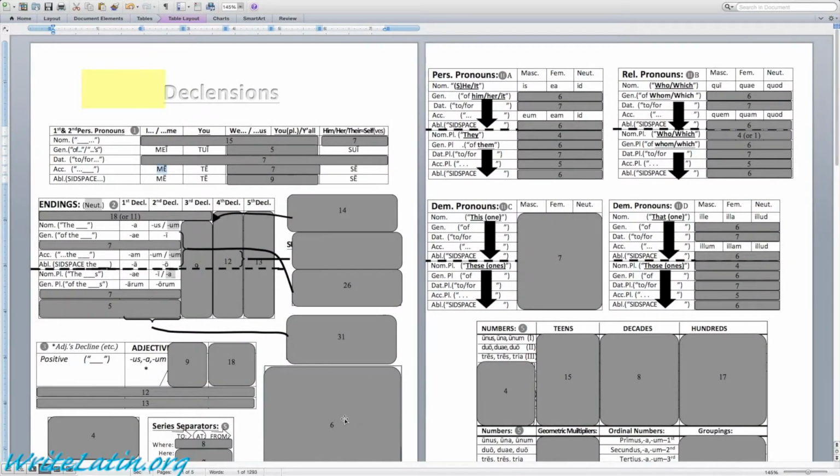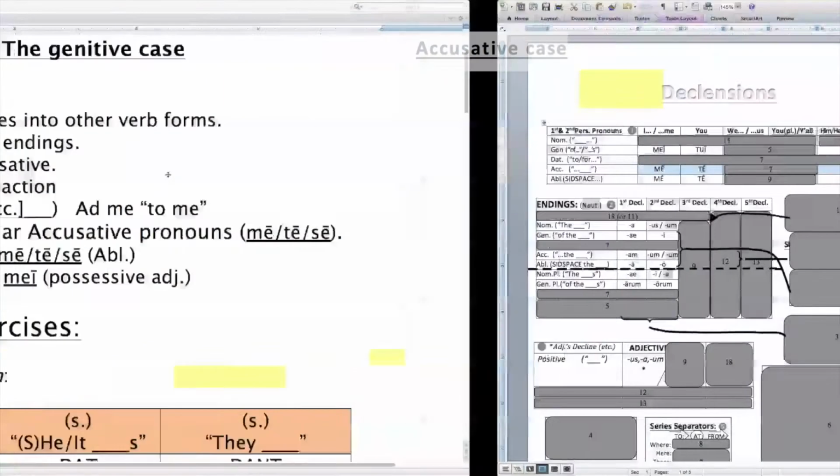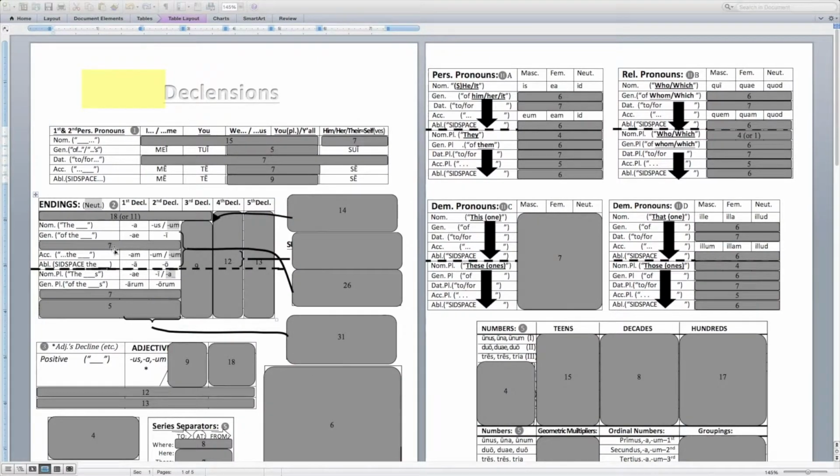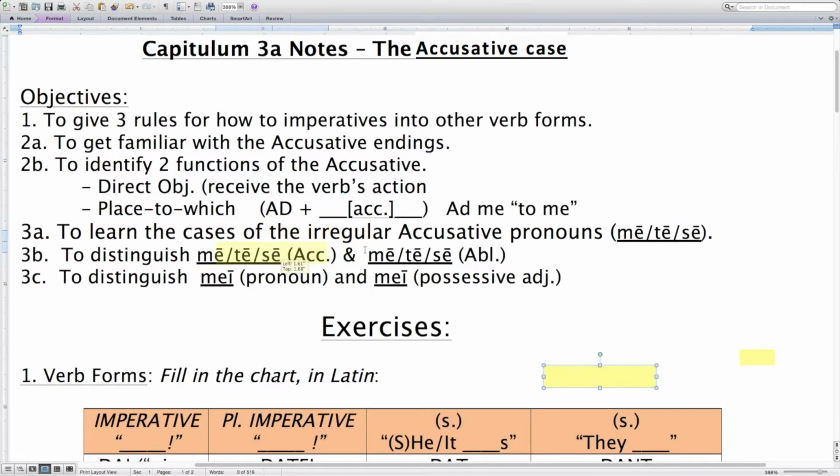Okay, so hopefully you understand what these new irregular forms mean. So watch out for me, te and se. They don't end in M, but they are still accusatives. Everything else ends in M, of course, but not me, te and se. Therefore, it's a little bit of trouble to visually distinguish between me, te and se as accusative and me, te and se as ablatives, but audially it's quite easy.